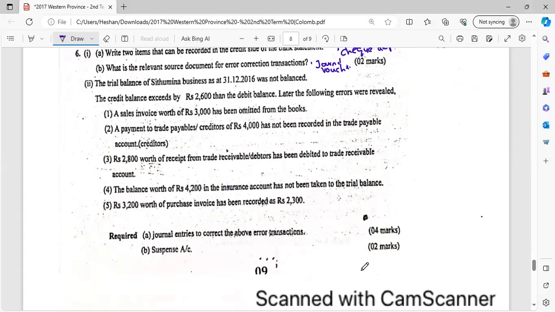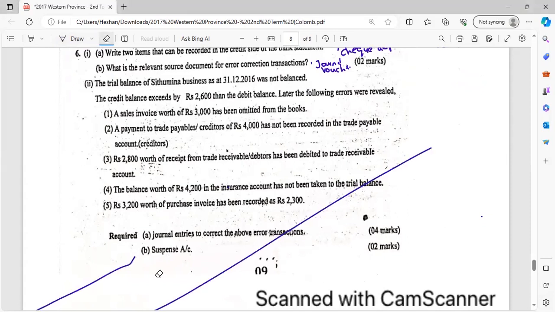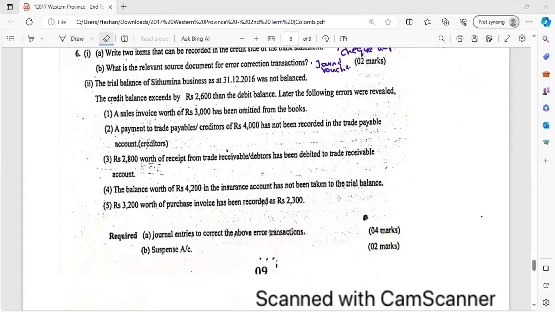The trial balance of Situmini's business as at 31st December 2016 did not balance. Trial balance not tallied, right? So what is the requirement in here? One minute. Right. Okay. So I'm going to take it like this.